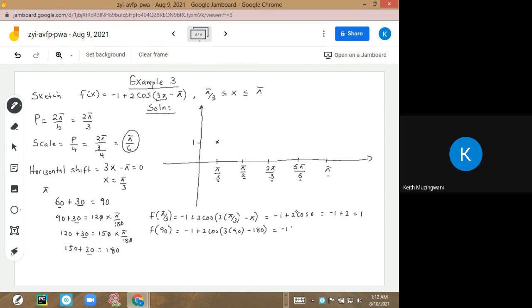This is -1 plus 2 cos of 90 times 3, that's 270. 270 minus 180, you get 90. Cos 90 is 0, so here we get -1.